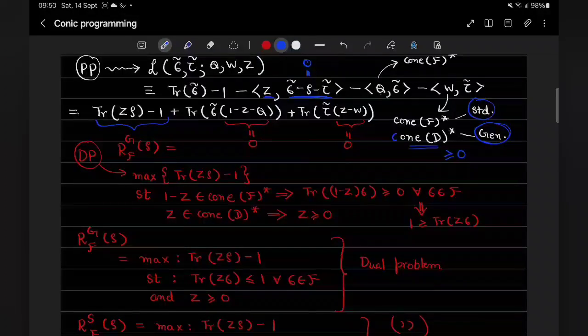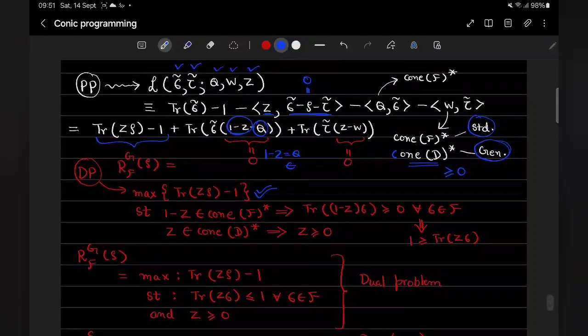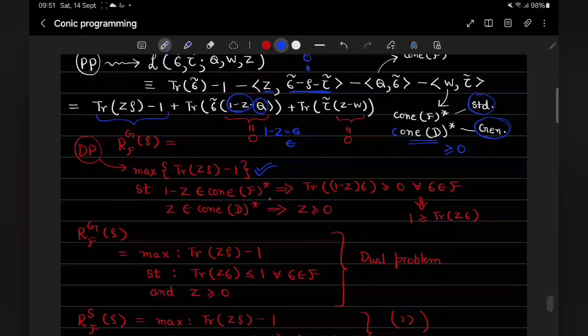The hyperplanes lie in the set of observables, and we have maximization over trace z rho minus 1, such that 1 minus z, which is equal to q, belongs to the cone F star. So this is always there. Cone F star, if you remember, has a particular definition that I have discussed.